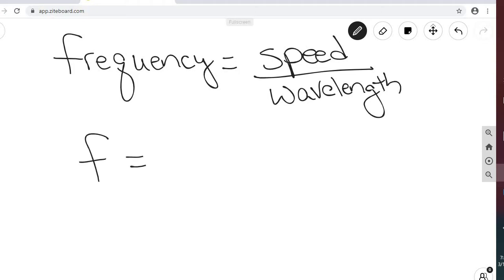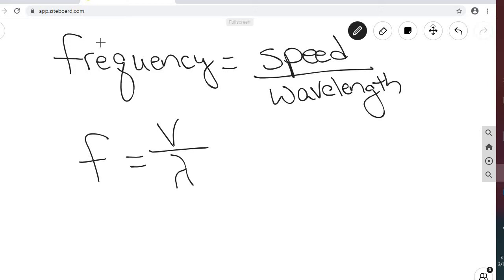We use the letter v for speed. I know that we've also used that for velocity, and with velocity you have to indicate a direction, but it's also used for speed, and in this case you don't have to indicate a direction. And then the symbol for wavelength, remember, is that Greek letter lambda.